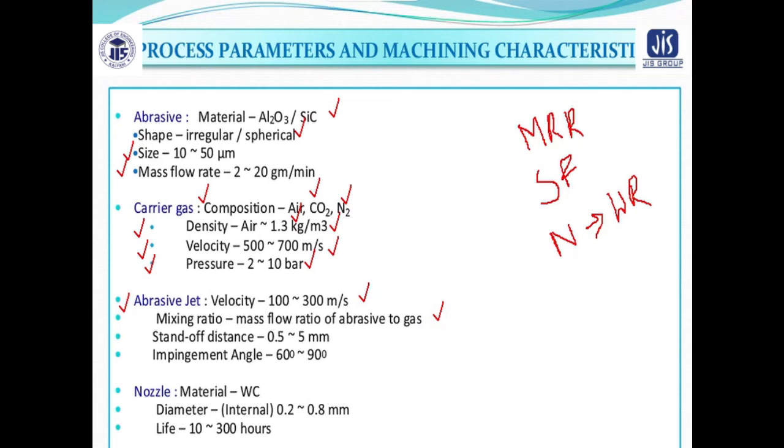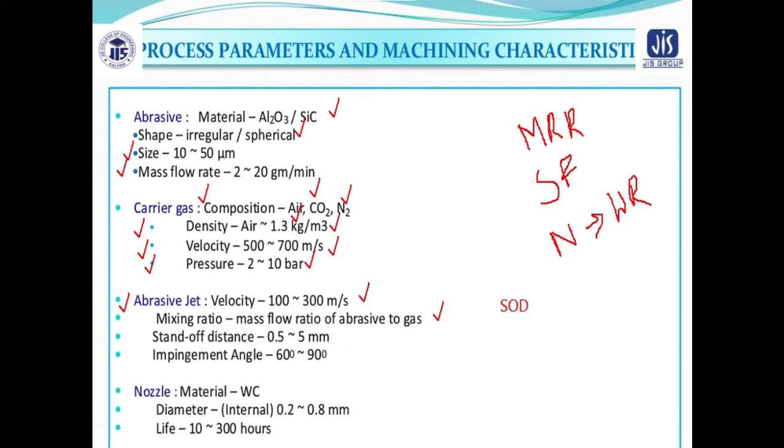It should vary between 0.5 to 15 millimeter. What is the impingement angle? It should be between 60 to 90 degree.